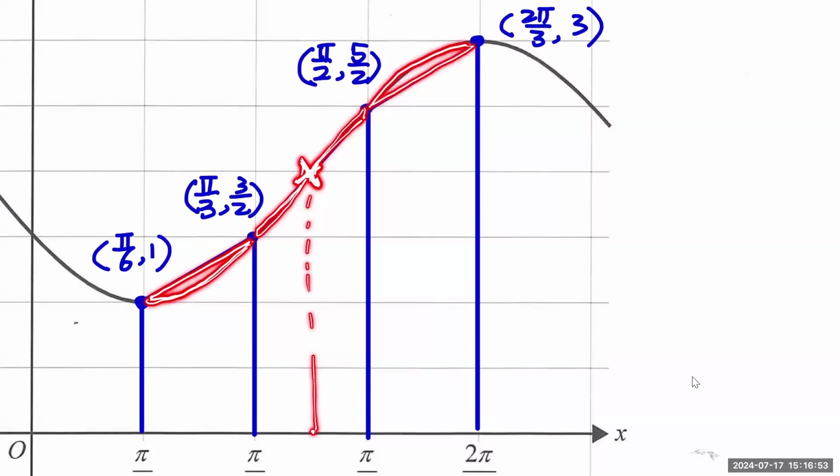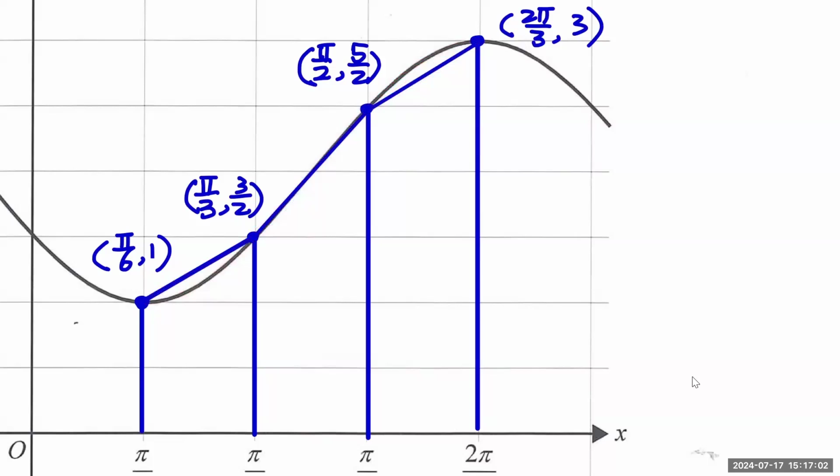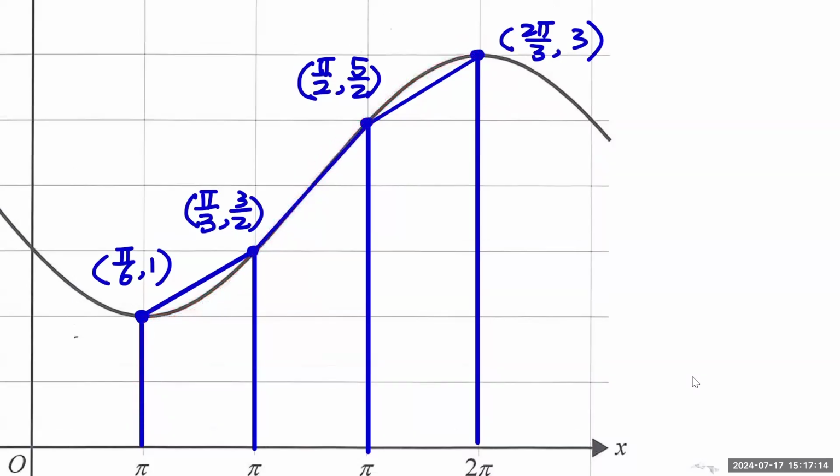This bit is a gap between the trapezium top end and the curve. So actually you could use tessellation. And what I found as an estimate for these 3 parts, the sum of these 3 parts is pi, which means the area from pi over 6 to 2 pi over 3 will also be exactly pi.